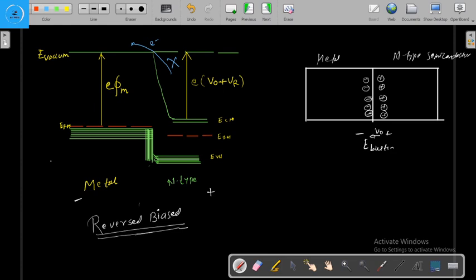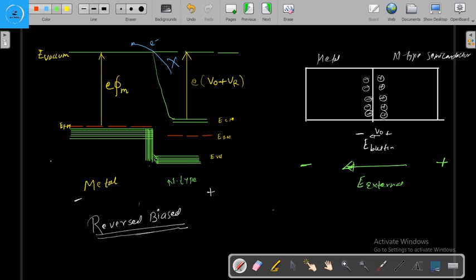Now for the reverse bias, we have to apply the negative voltage here and the positive voltage here, and because of the applied voltage, the electric field will be like this, and this electric field is supporting the built-in electric field.